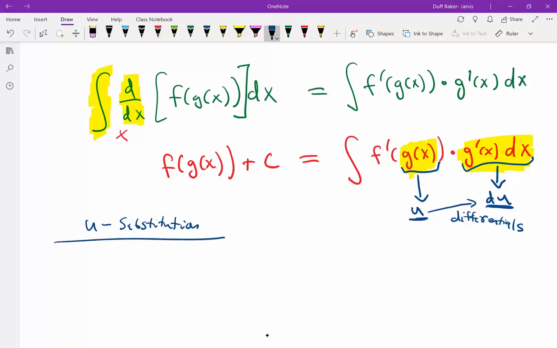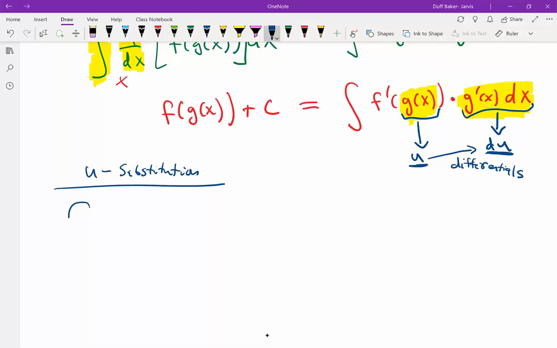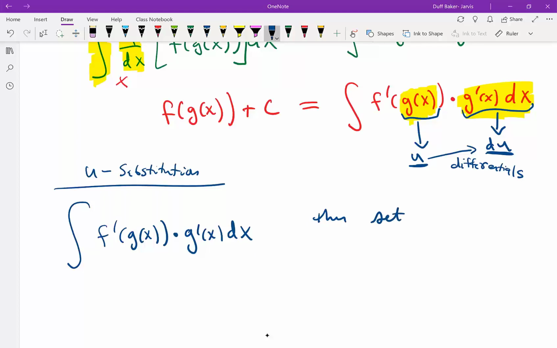And so what u substitution says is, if you start with something that looks like this, f prime of g of x times the derivative of g, dx, then if we set u to be g of x, so we're making a substitution, we're just giving things names to simplify things, then du is going to be the derivative times dx.